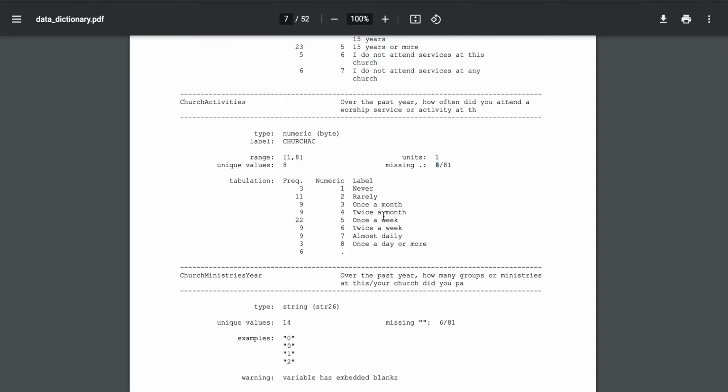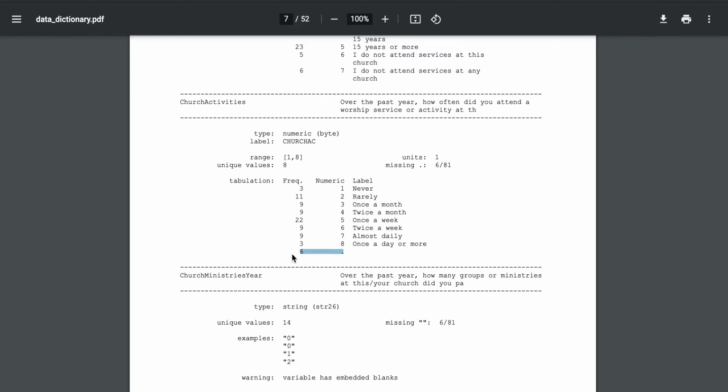And here it's also ordinal, from never to once a day. So here maybe, but I don't know what this dot is, so that's a different thing. Oh, dot is missing. 6 are missing.